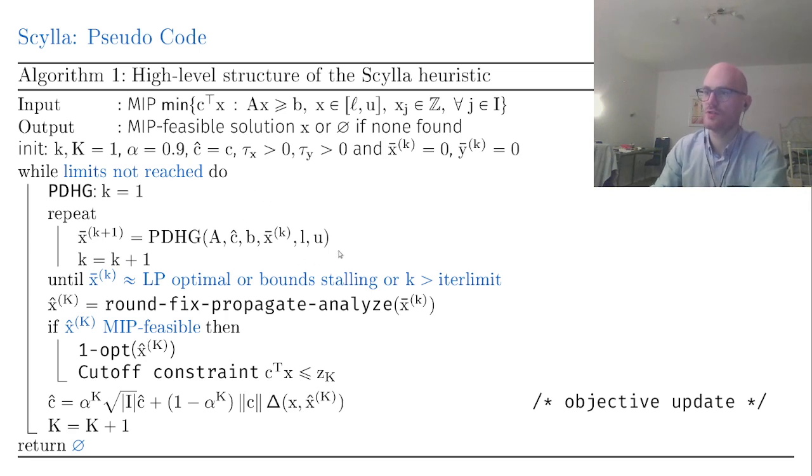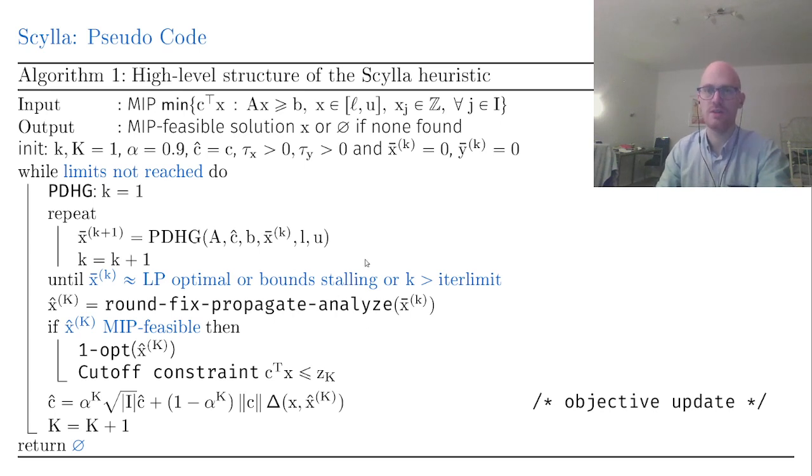It also takes as input the previous primal solution if we have any. So we progressively improve our primal solution until a point where it's either LP optimal or approximately LP optimal with a certain tolerance, or our bounds are stalling.